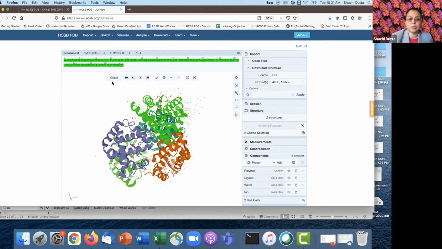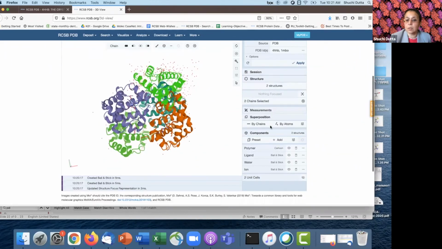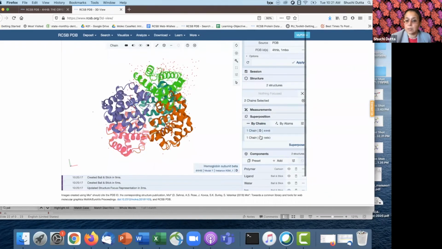Because the selection mode is chain, if I click anywhere in this chain, the whole chain gets selected. So right now, two chains are selected. And that's showing up here in the structure as two chains selected. I'm going to say superposition by chain. These are the two chains I have selected, and I say superpose.